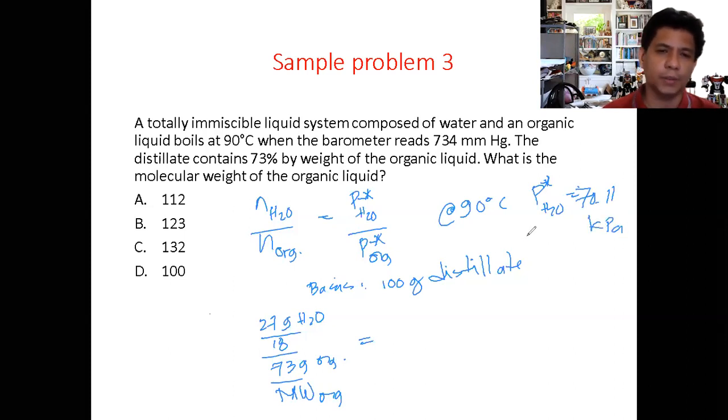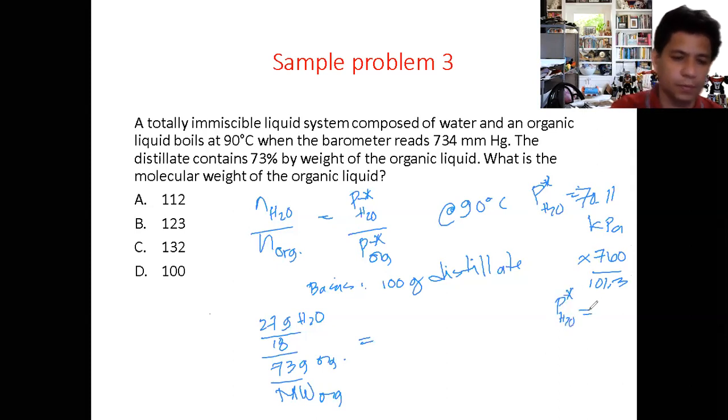So you need to convert this to millimeter mercury. Just multiply this by 760 over 101.3.